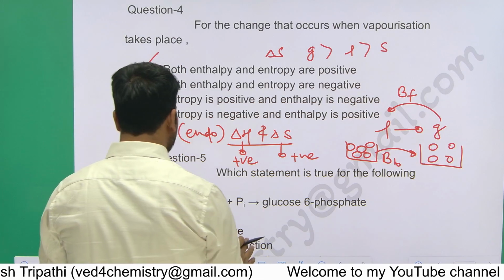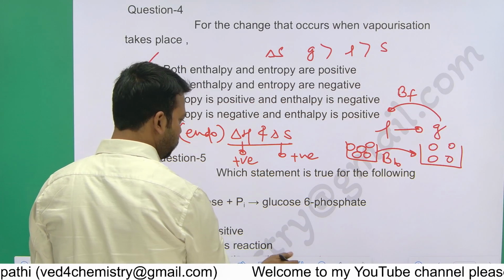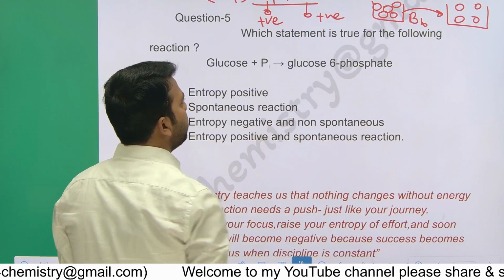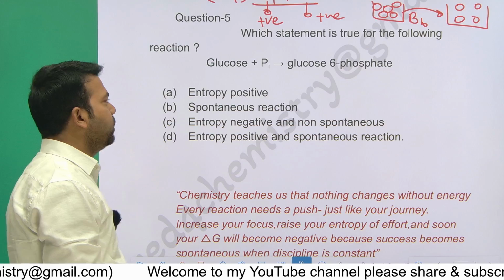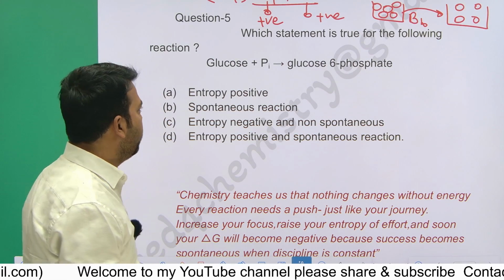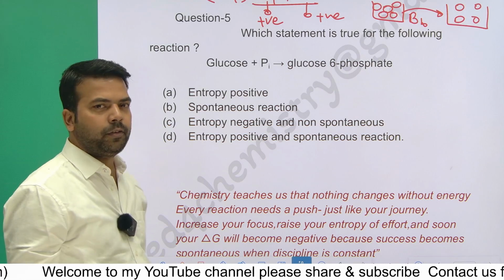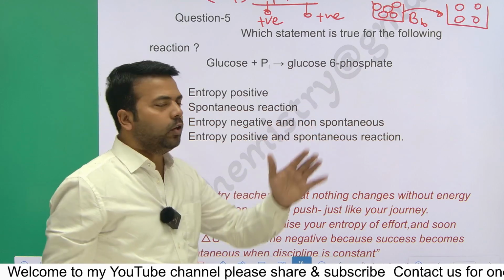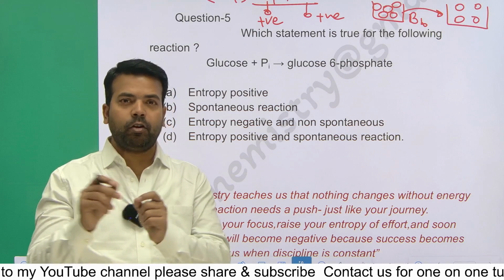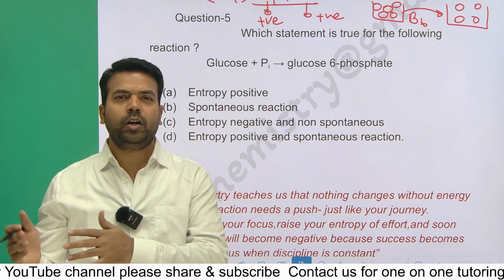Now the next one is, which statement is true for the following reaction? So glucose plus Pi gives glucose 6-phosphate, and here we have entropy positive. So first define entropy here. Before this question, I decided the entropy nature on the basis of phase, like gas, solid or liquid.